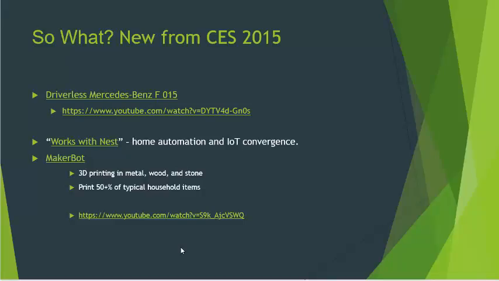So some other things that you can go out there and look on YouTube, you can see the driverless Mercedes-Benz. You may not have a name brand Nest, which is a thermostat that you can have for your home, and it kind of learns how you use your thermostat, what temperature you like your house at certain times of the day.